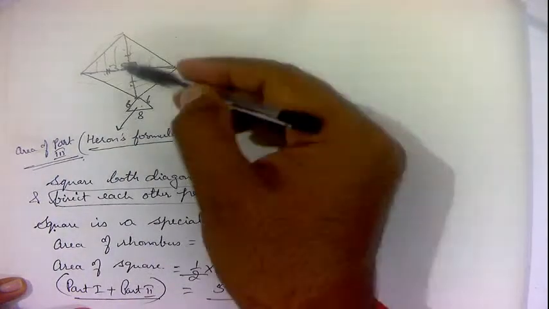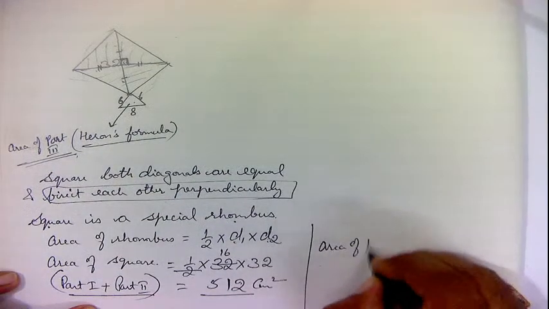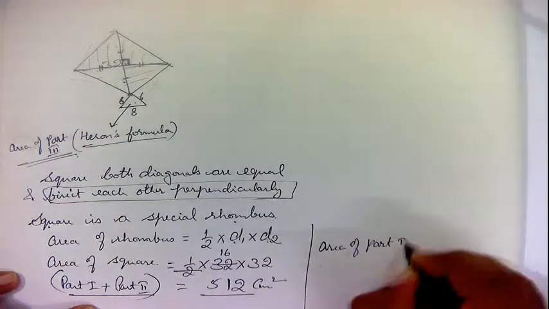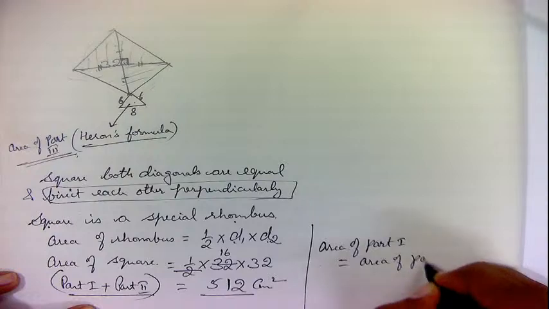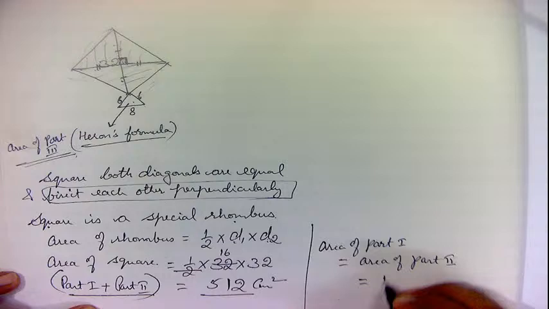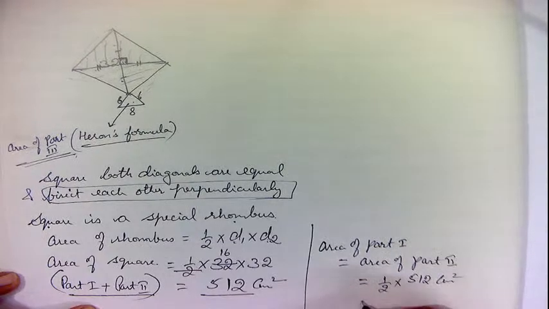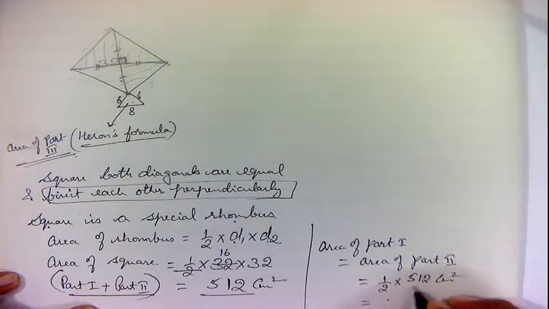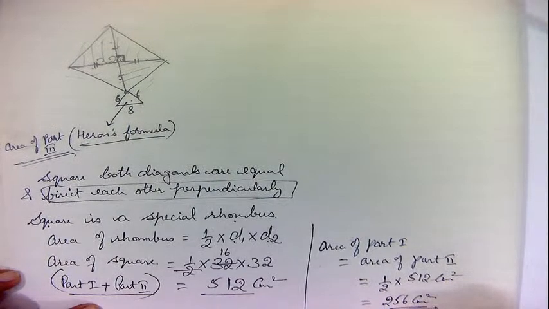But we need them separately. So what will be the area of part 1? Area of part 1 is equal to area of part 2, and because they are equal, each will be half of 512 centimeter square. Half of 512 is 256 square centimeter. So this gives you the area of the two parts.